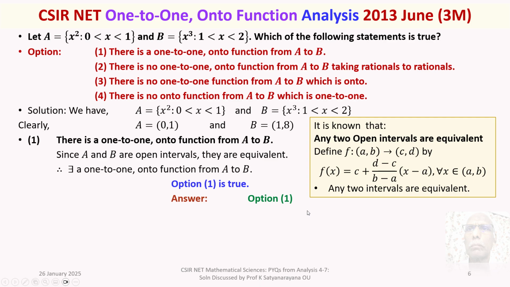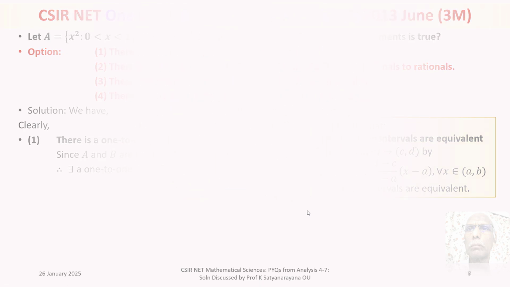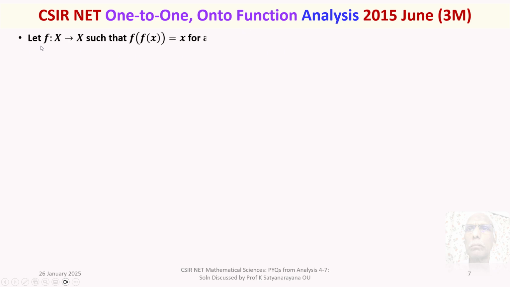We move to the next question. This is the third question. This question has appeared in 2015 June, and it's again related to one-to-one and onto functions. The given question is: let f be a function from X to X such that f of f of x is equal to x for all x belongs to X. Then we are given four options.